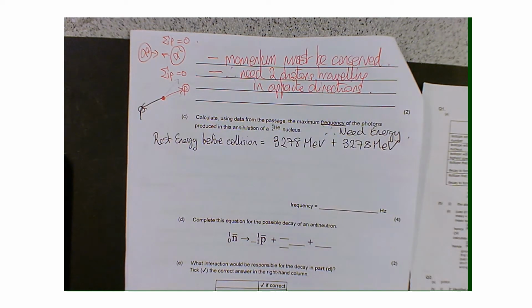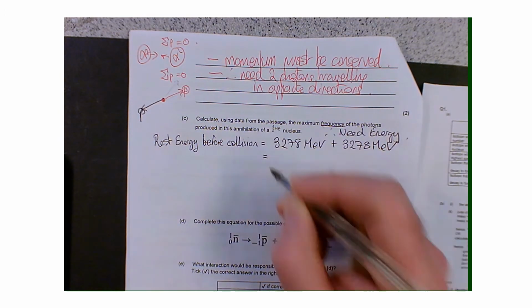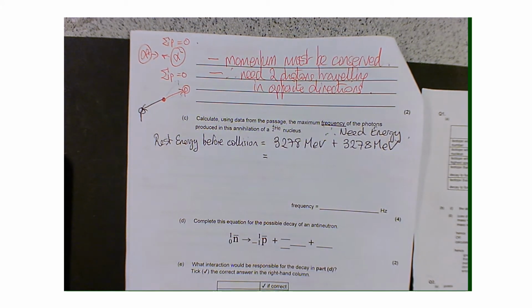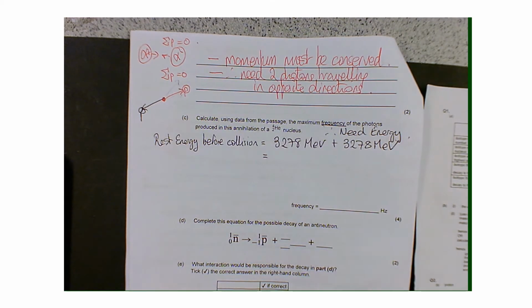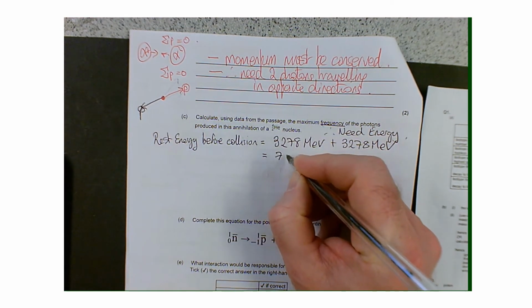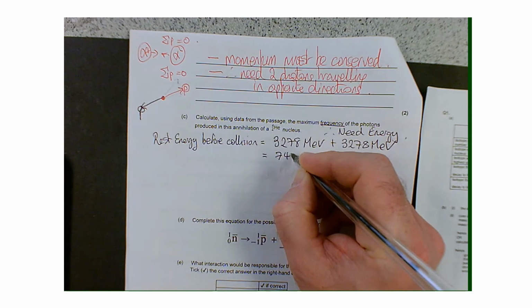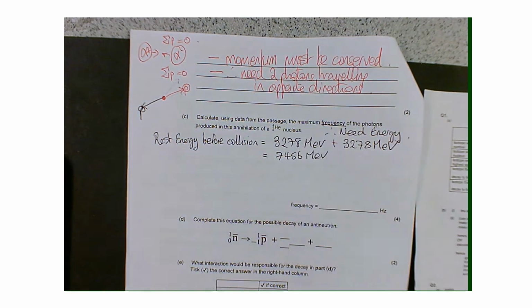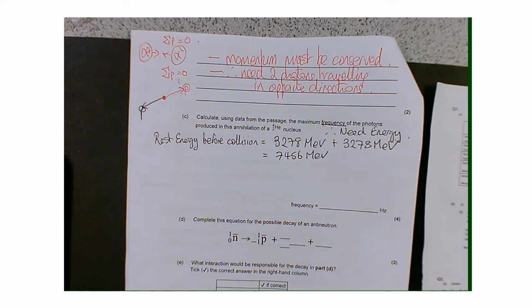Right, so this is the first step that you need to do, and it's the step that most people miss out. This is the bit that most people get wrong in this sort of question. You have to start by saying, in any annihilation, I've got two particles, so I need to double the rest mass if I'm given the rest energy for one particle. So that ends up with 7,456 mega electron volts.